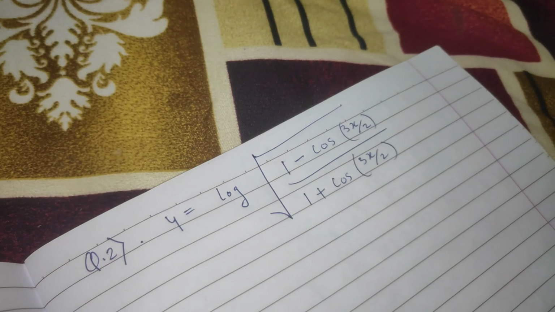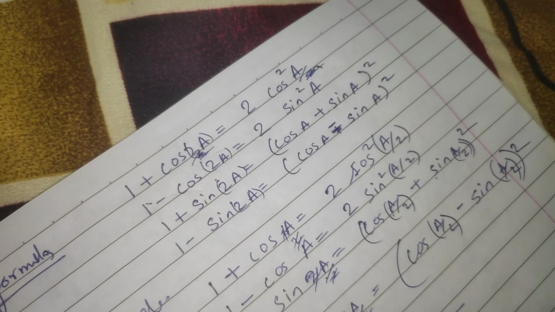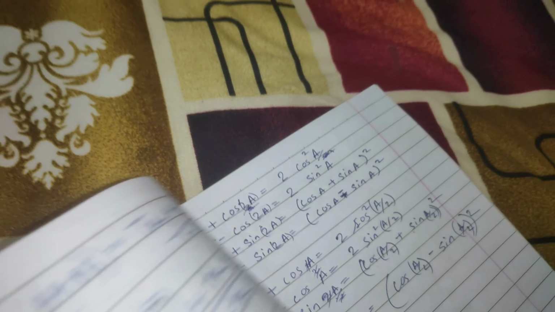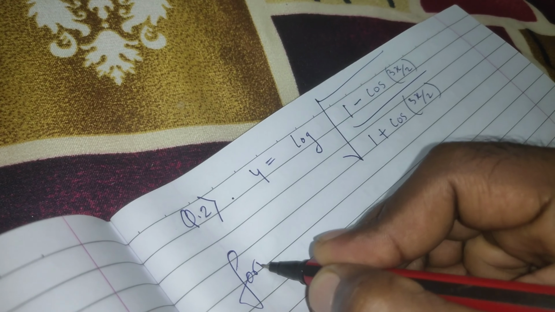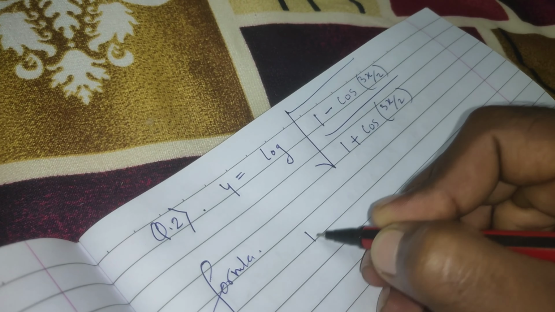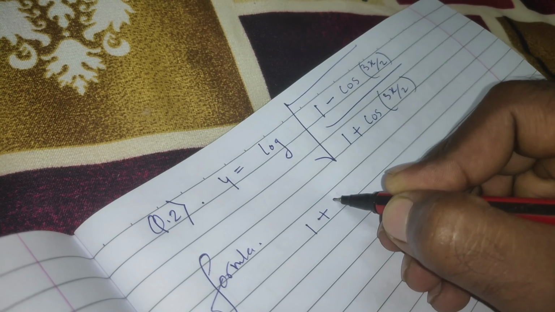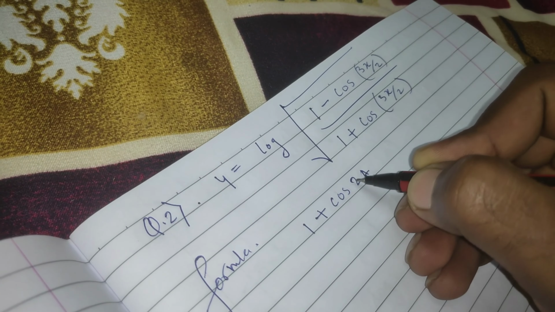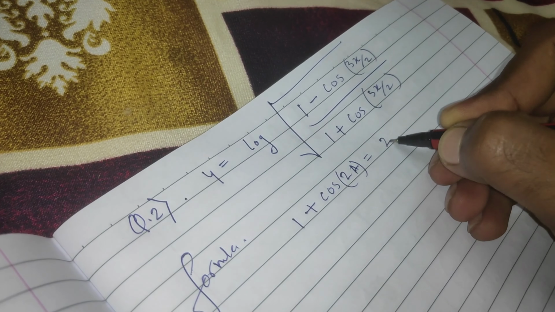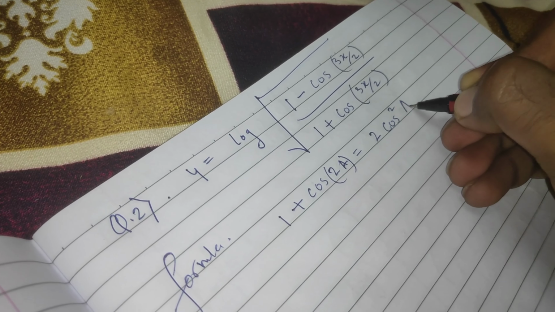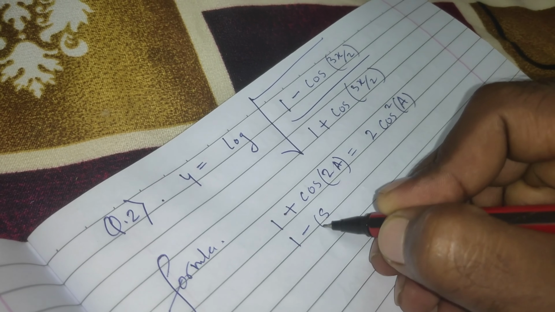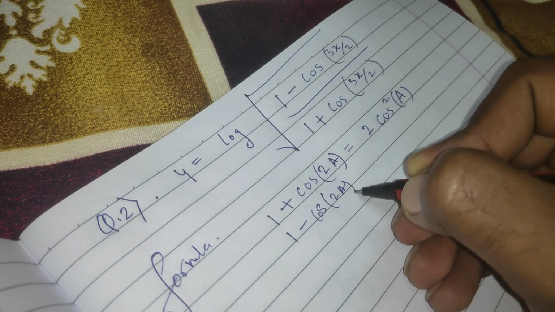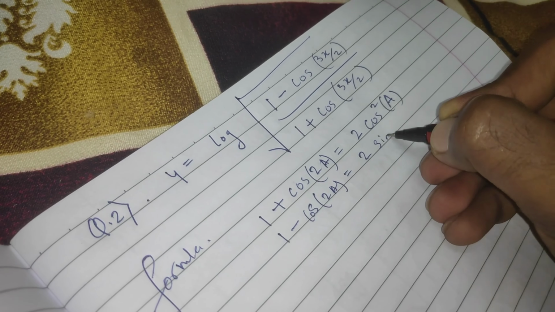We are going to apply the formula: 1 plus cos 2a is 2 cos square a, and 1 minus cos 2a is 2 sin square a.